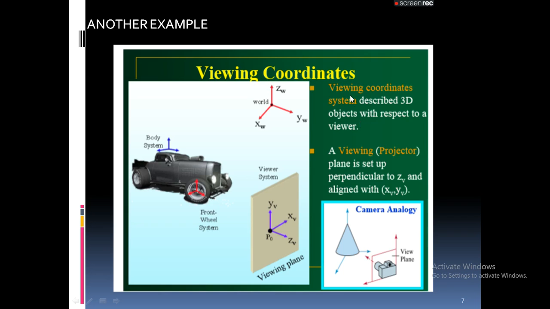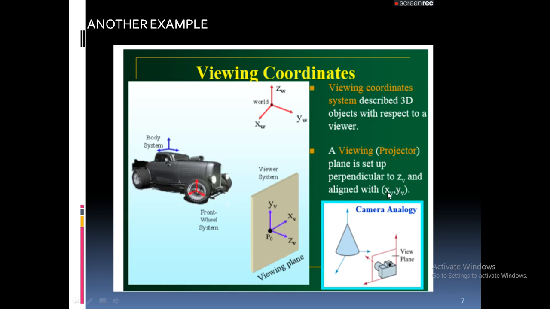Now you see that the viewing coordinate system describes 3D objects with respect to the viewer. Means whatever object we are projecting on the projection plane, this is with respect to the observer. Observer means viewer. Now we need to set up the viewing plane, which should be perpendicular to ZV, and it is aligned with respect to the XY plane.